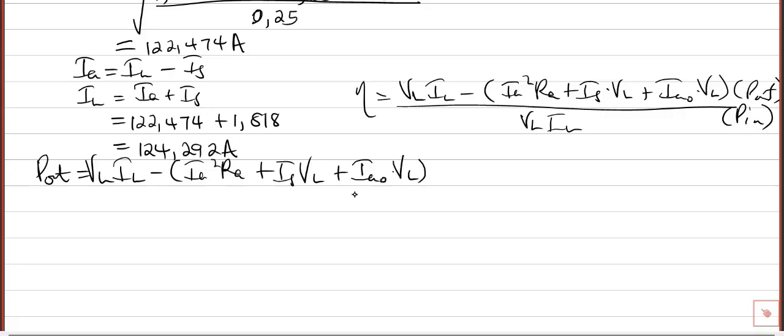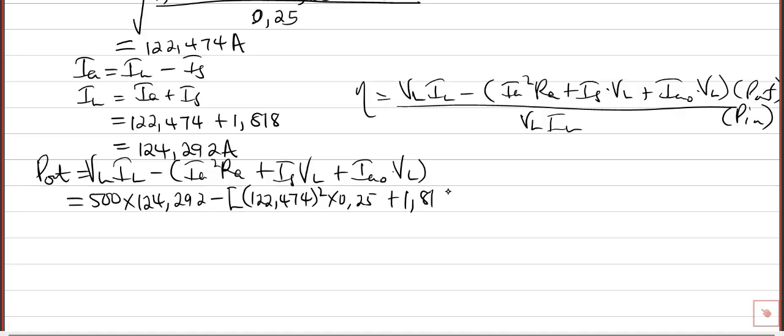IAO VL. We have 500 times our new IL, we have 124,292 minus our new armature current, we have 122,474 squared times 0,25 plus I shunt, it's still the same value, times 500.